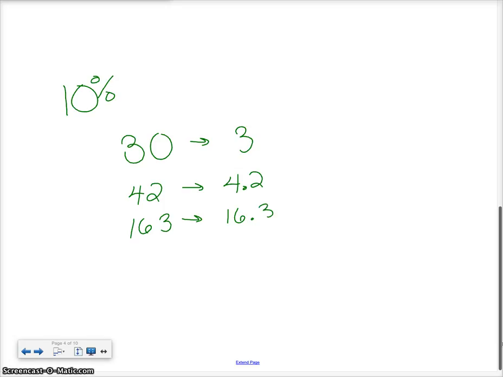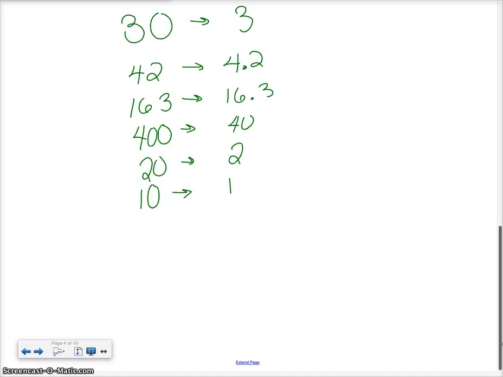If I have 400, 10% of 400 is 40. If I have 20, 10% of 20 is 2. If I have 10, well, 10% of 10 is 1. If I have 48, 10% of 48 is 4.8.